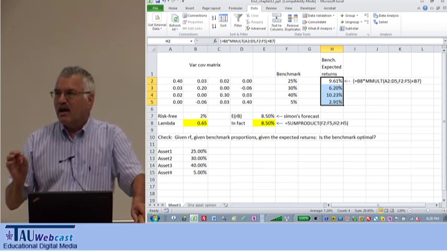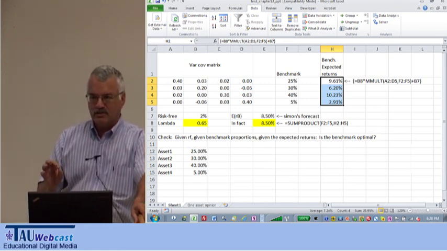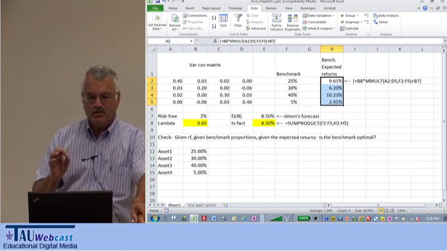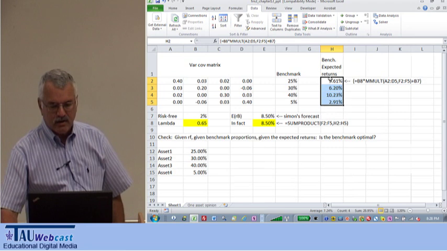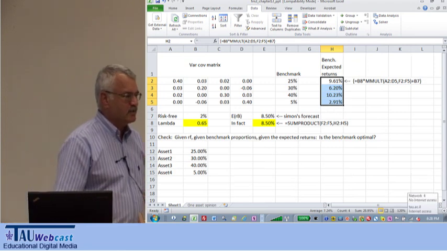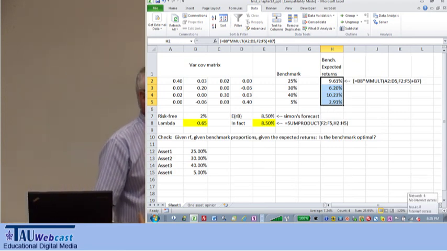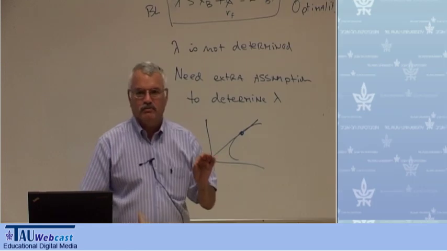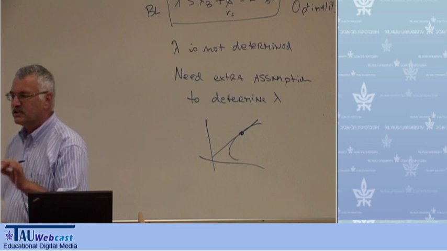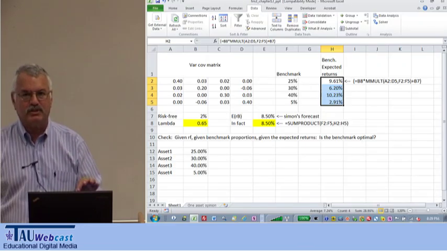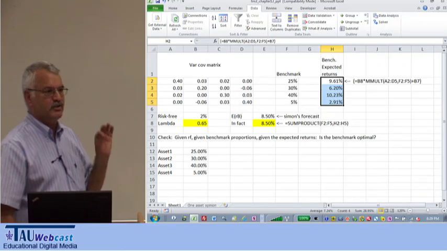Now, there is something you could say about this: you could say, you know what, this is what the market expects, but in fact, I've studied asset 1. And I think the asset 1 expected return is 10% and not 9.61%.